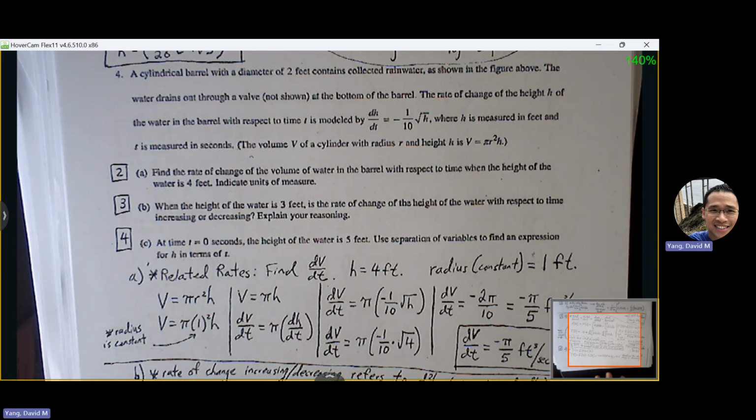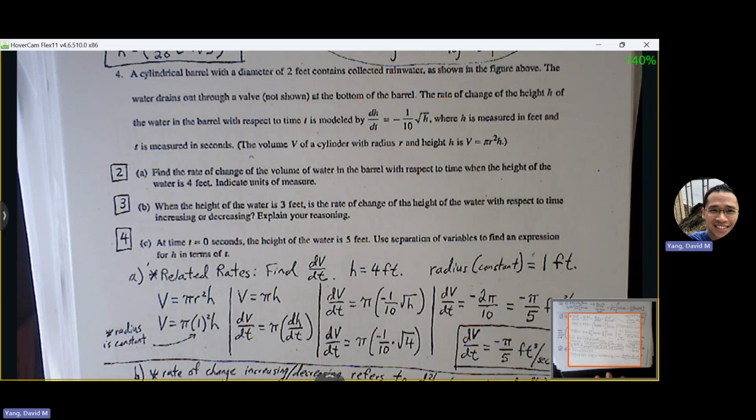So we have a rate at which the height is changing, or the level of the water is changing in the barrel. Find the rate of change of the volume of water with respect to time. So that's a big hint there. With respect to time, we know that there's that independent variable time that's going to flow through our equation.